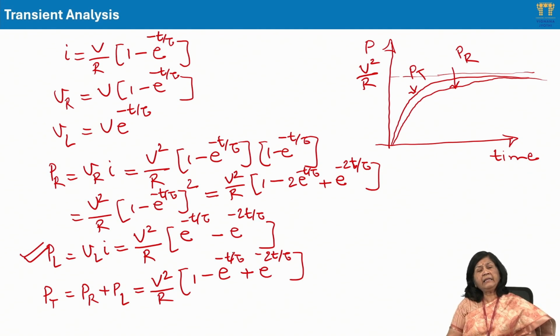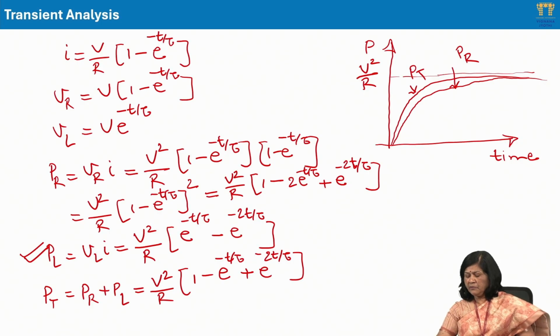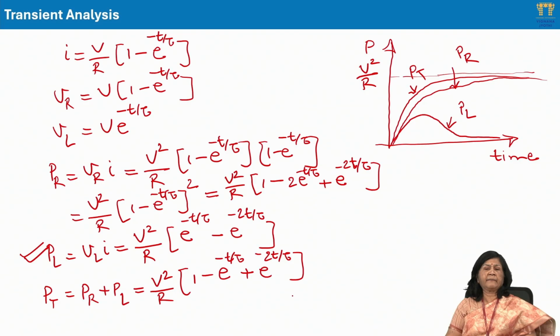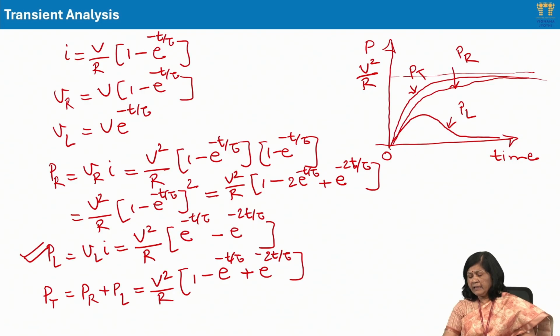But when you look at the inductance power, it doesn't have any initial value as well as final value. When you plot this power, you will see the initial power is 0, it rises to some value, then goes to 0. This is my inductor power, PL. Between the initial and final value, this accounts for energy storage.